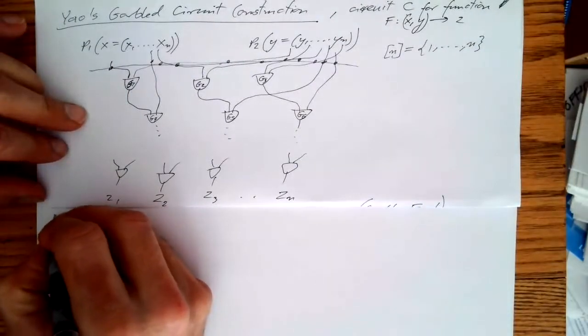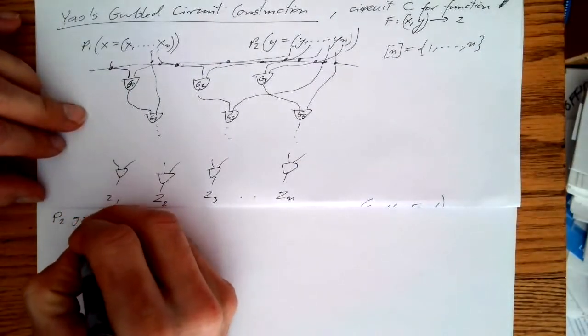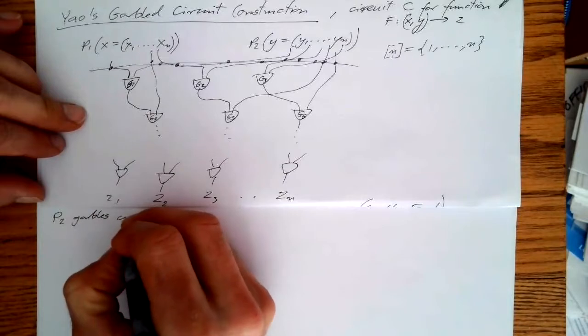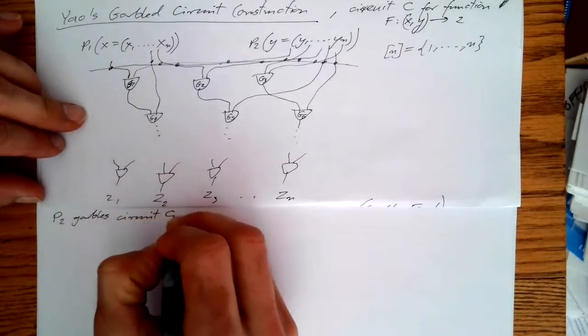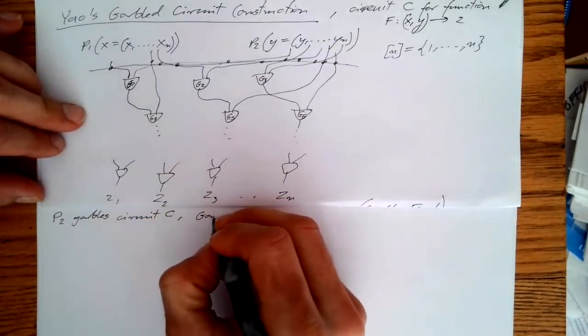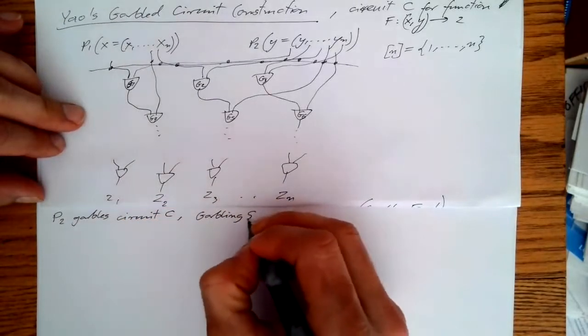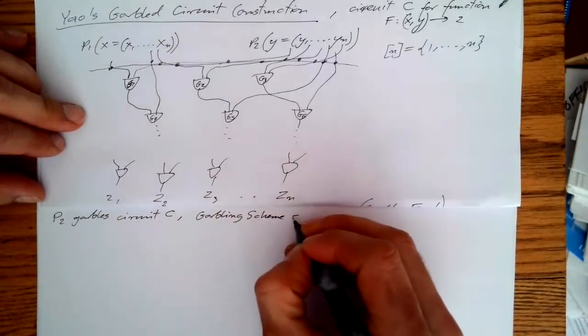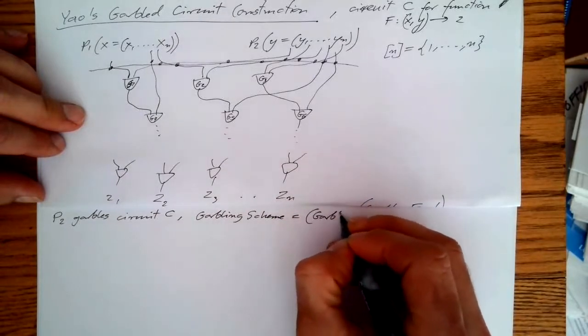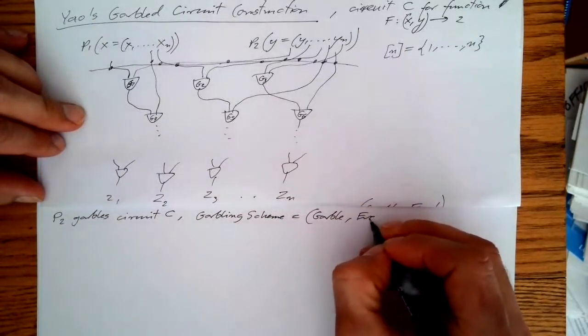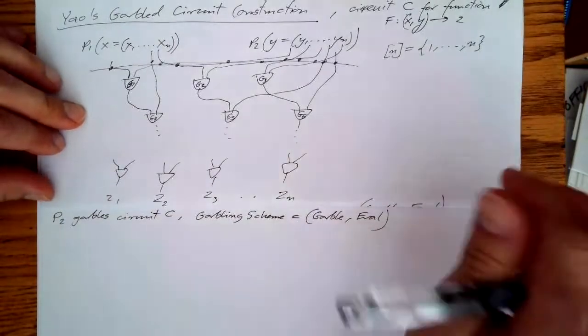So P2 garbles circuit C. A garbling scheme is a pair of algorithms, garble and eval.